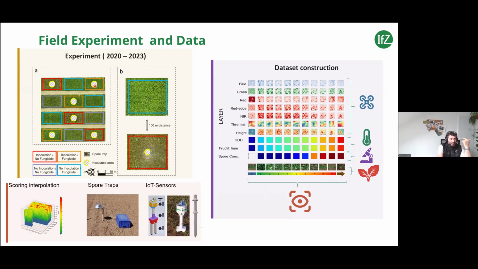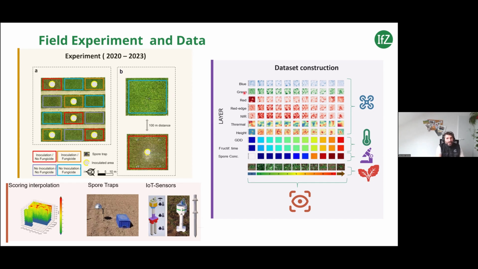We have micro weather sensors, and we also have an extra experiment where we try to understand the disease dissemination, where we inoculated in the middle, and we have spore traps in each corner of each plot, so we can see in which direction the spores are flying. So with that we can get the information of the dissemination from the incubation period on.